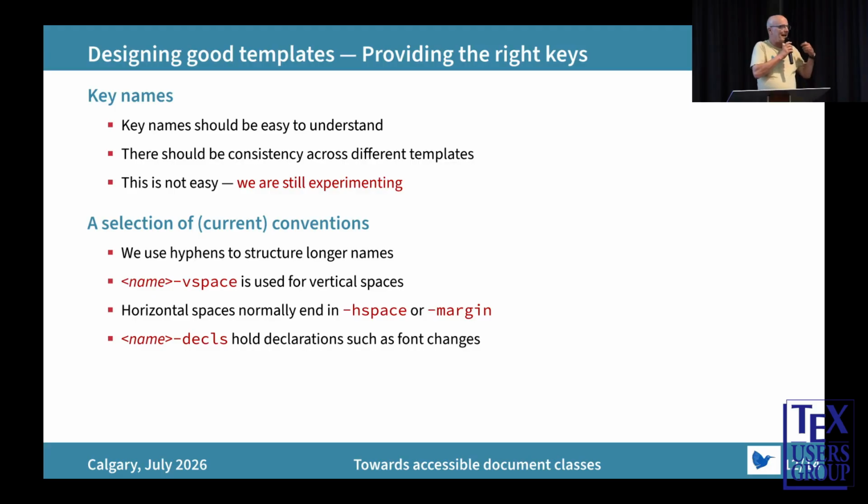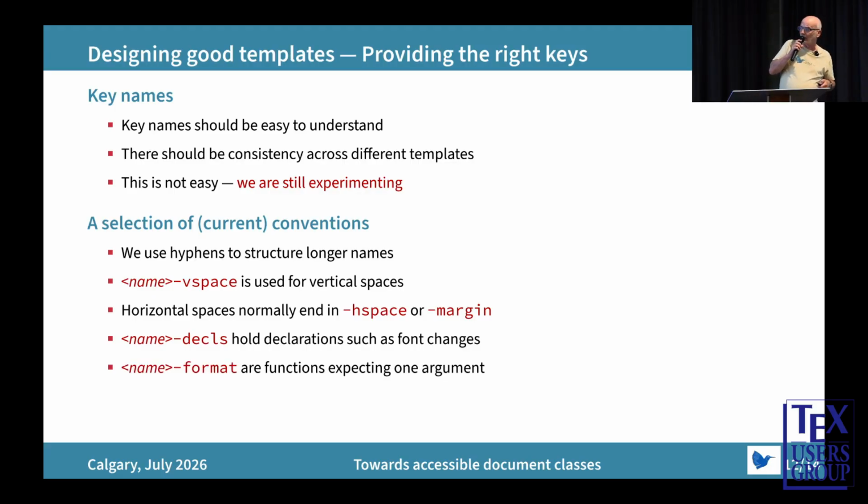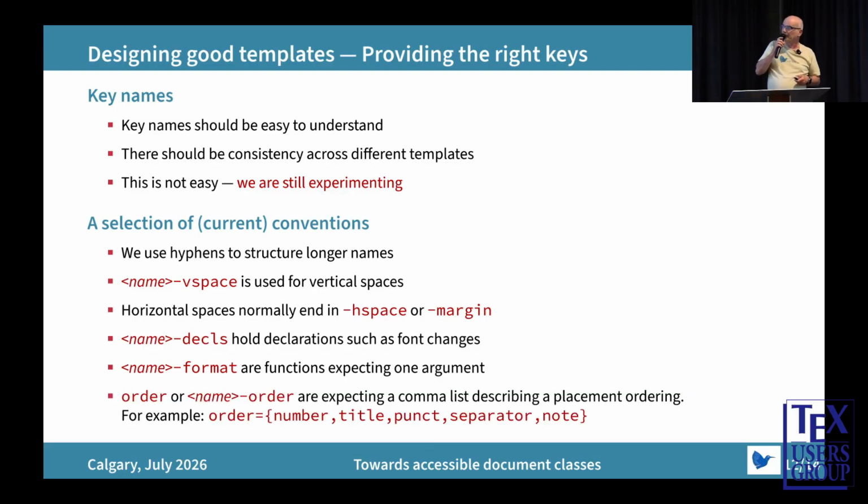And so you can guess them once you have this kind of standard. And the last one here is also very, very standard. We call something format, and it expects to have one argument. So it receives the title format, and it does something like putting a box around it or whatever. You can then put some function in that does it for you.